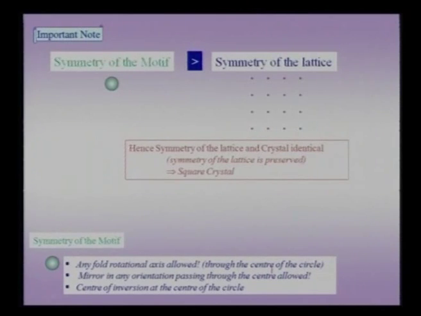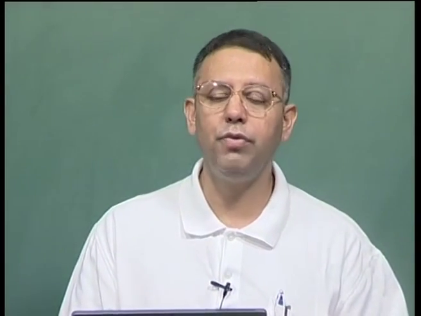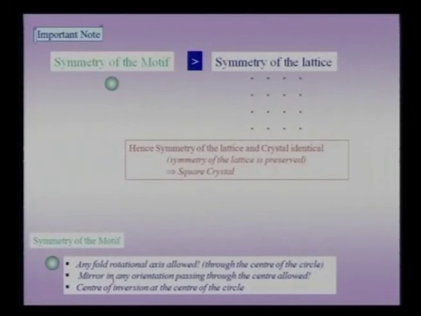Therefore, the circle is one of the most symmetrical objects in two dimensions, and additionally you can also conceive of a center of inversion at the center of the circle. Of course, we had pointed out before that in two dimensions we do not have to invoke the concept of an inversion, but in any case we see that a center of inversion is also present at the center of the circle. So, since a circle is a highly symmetrical object in two dimensions, it has a symmetry which is higher than the symmetry of the lattice.